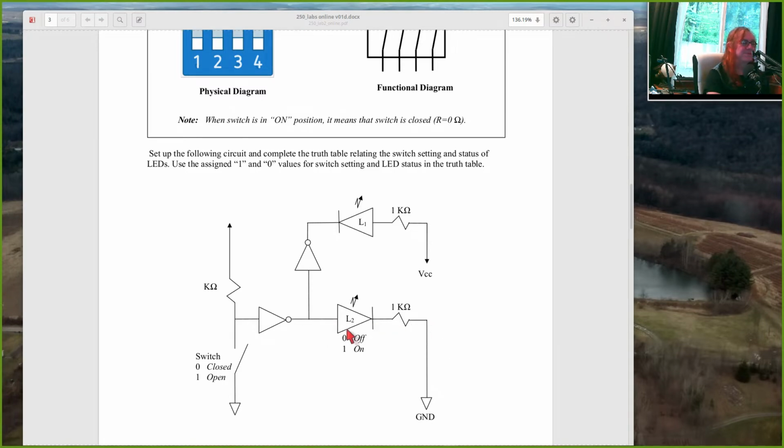There's no current flow across L2. L2 should be off. And since this is high coming into the inverter, low here, going into this inverter, this is high or 5 volts over here. So this end of the LED is 5 volts, that end of the LED is 5 volts. There's no current flow because there's no voltage difference. So L1 will also be off.